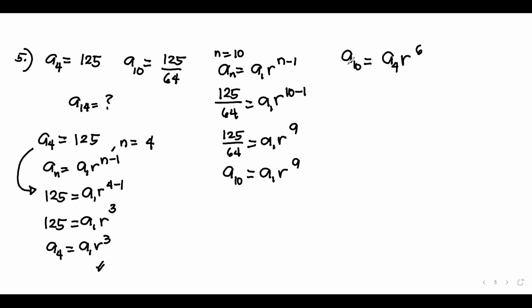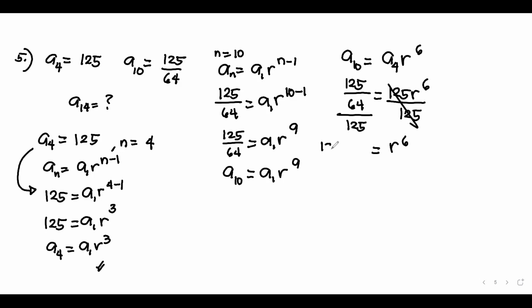We'll just substitute: the 10th term, 125 over 64, equals the fourth term, 125, times r, which is unknown, raised to 6. To find the value of r, divide both sides by 125. So we'll have r raised to 6 power equals.